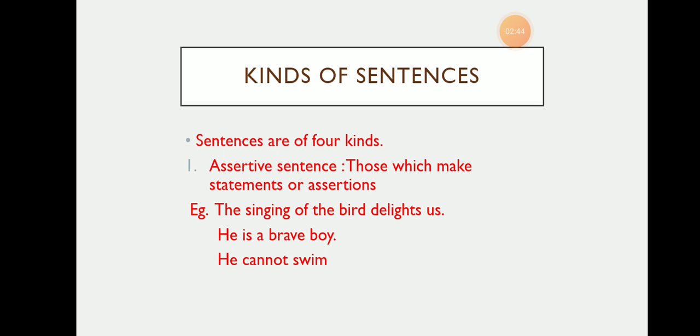You can see the examples, you can read the examples. Here are some of the examples of assertive sentences. The singing of the bird delights us. He is a brave boy. He cannot swim. At the end of every assertive sentence, we have to put a full stop.